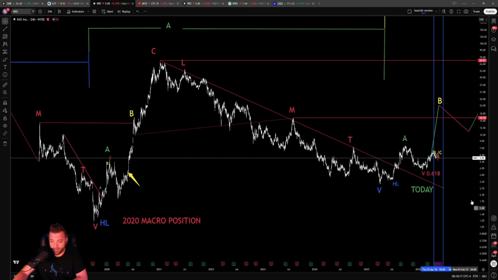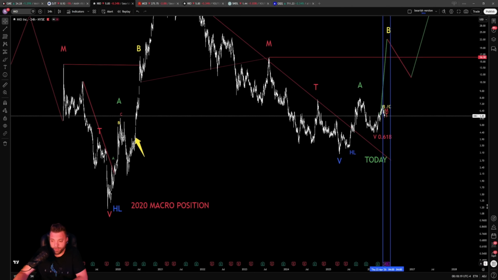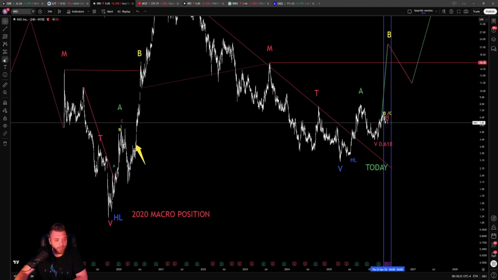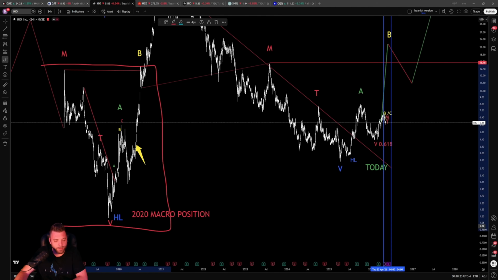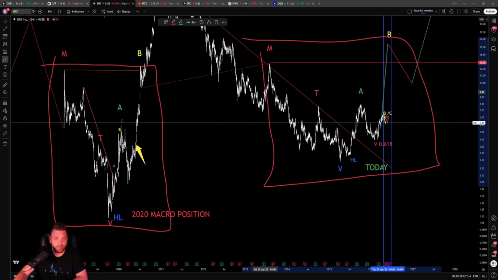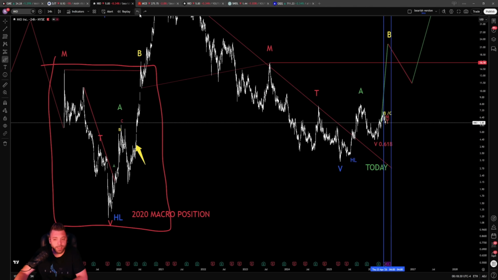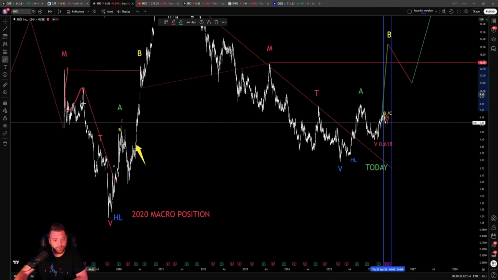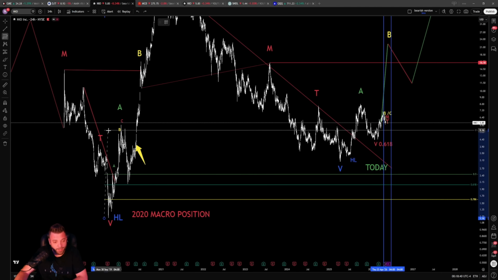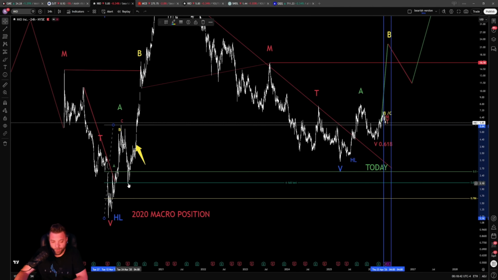So what do I mean with one-to-one? Yeah, the thing is, if you look at this, it's the same as this. It just is. This movement is the same as this movement. And even flip-wise, it's the same, because from our V to our A, it's a beautiful 618 pullback.